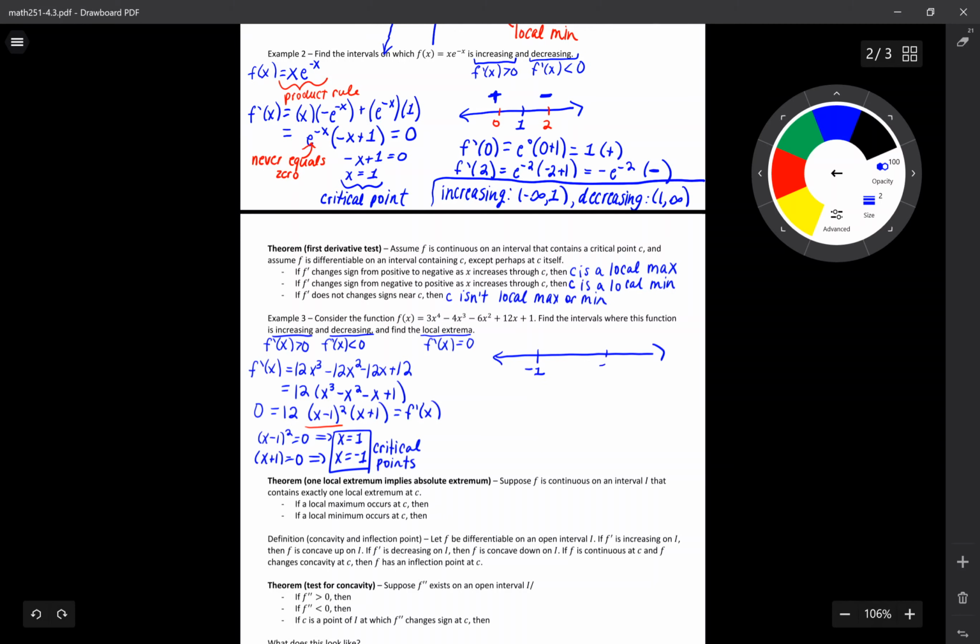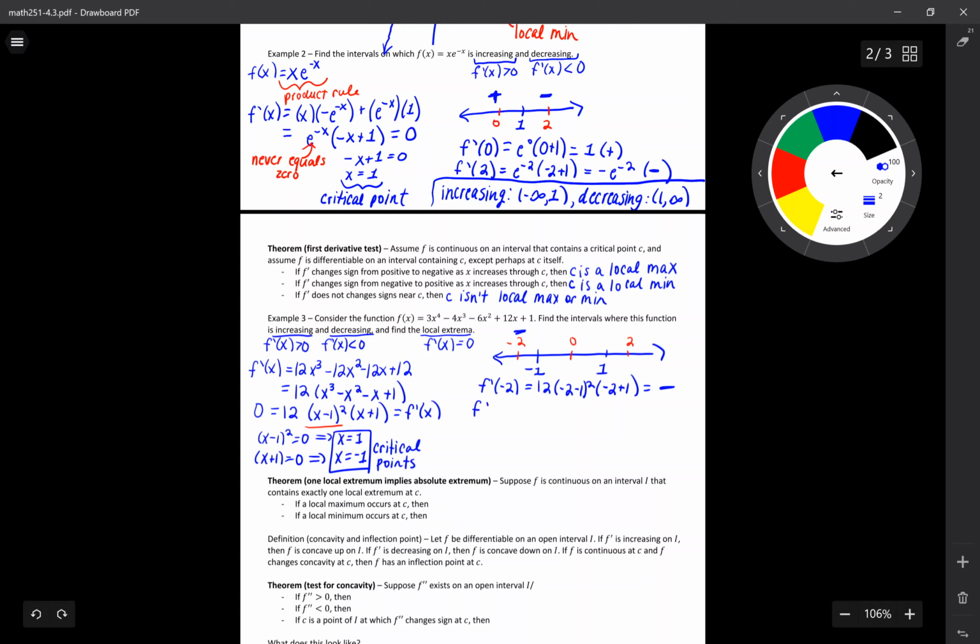So I take f prime of negative 2. That is equal to 12 times negative 2 minus 1 squared times negative 2 plus 1. And let's see, anything squared is positive, so I have 12 times something positive times something negative, so this is negative. So I'm negative here. My f prime is negative. That means I'm decreasing there.